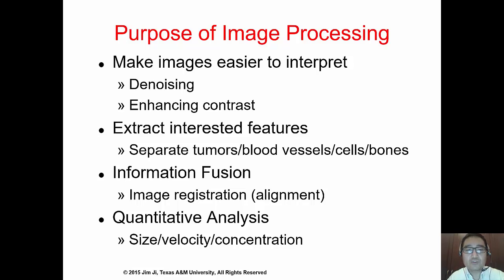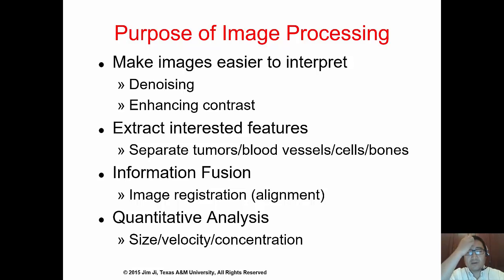Sometimes we like to extract the interesting features, for example, separate the tumors or blood vessels or cells or bones, so we can measure some of the features from here. In some other cases, we like to correlate images so we can fuse the information. This is called image restoration or image alignment.